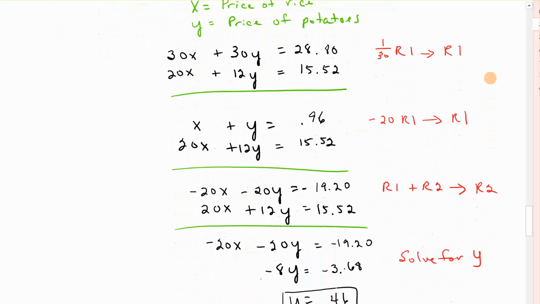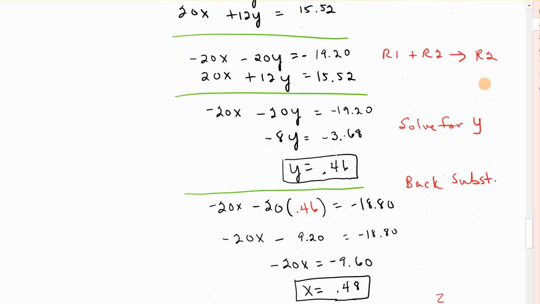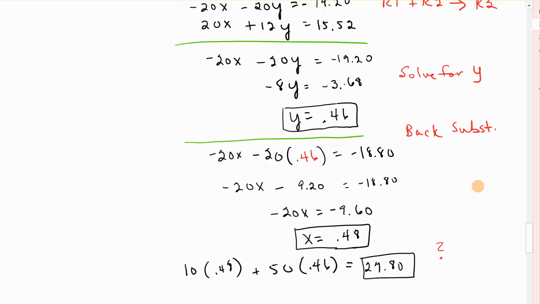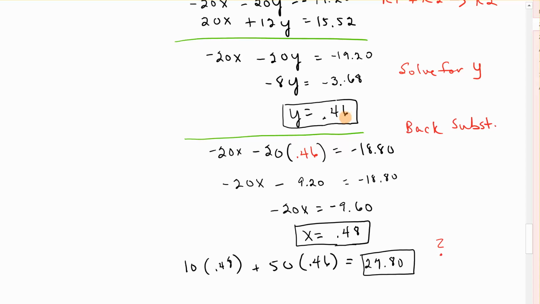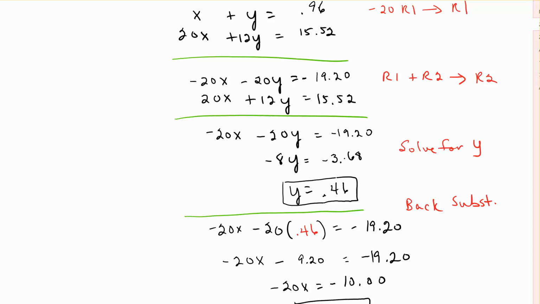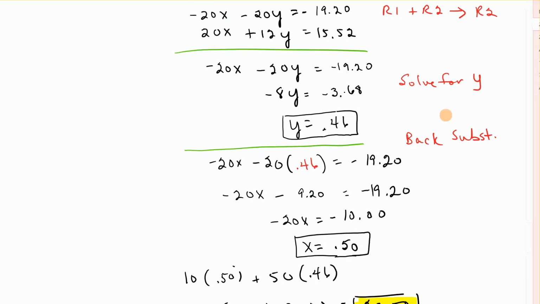Then you follow your echelon method of solving down. You can look at those steps. You end up with y is 0.46 and x is 0.48. And then we end up with our answers for that. Okay, as I was saying that, I realized that there was an issue and a question, and I've fixed that.